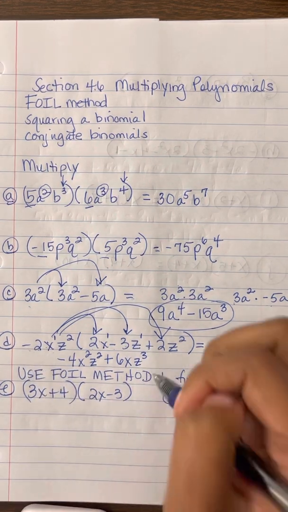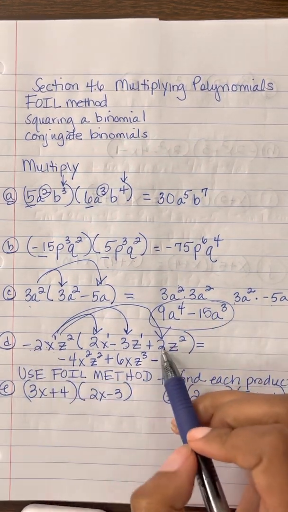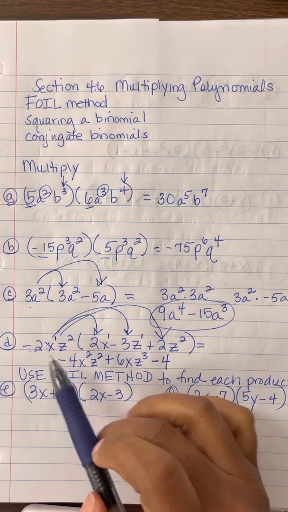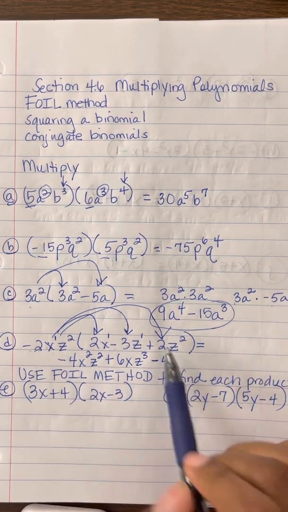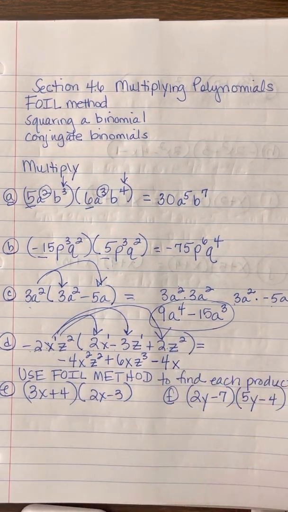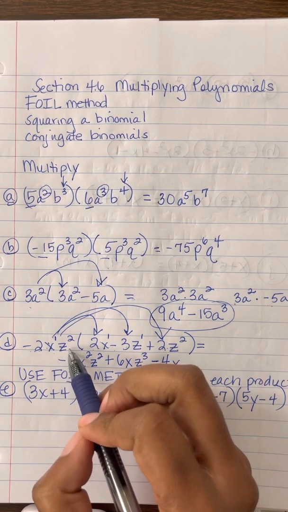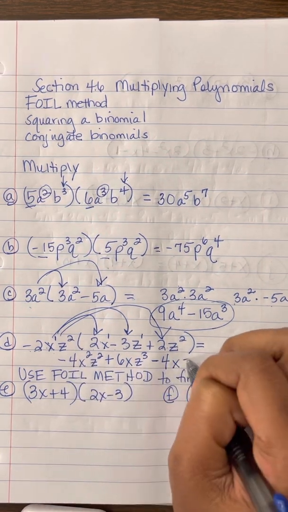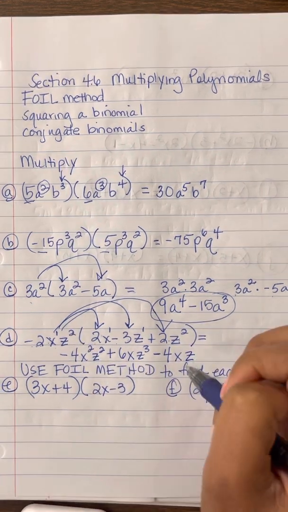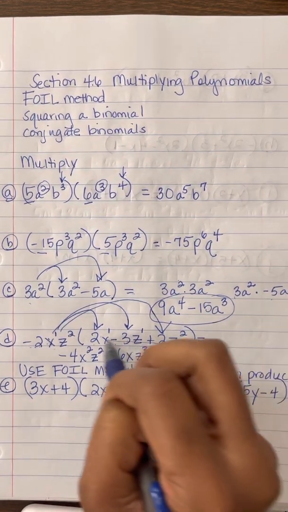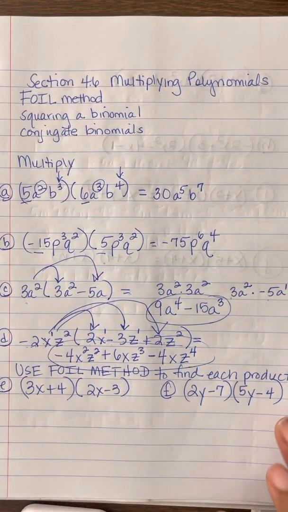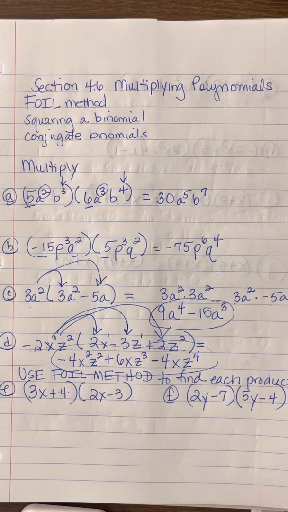A negative times a positive is a negative. 2 times 2 is 4. I have an x on the outside. I have no x's here, but I have just 1. Okay, total. Now I'm going to z squared times z squared. 2 plus 2 is 4, and this is your answer.